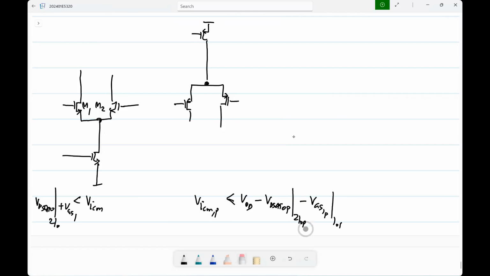Let's say the currents are the same, so I'll just still call it I naught. So this is 2 I naught and 2 I naught, M0P, M1P, M2P.